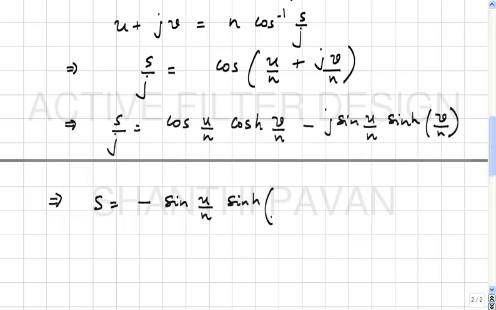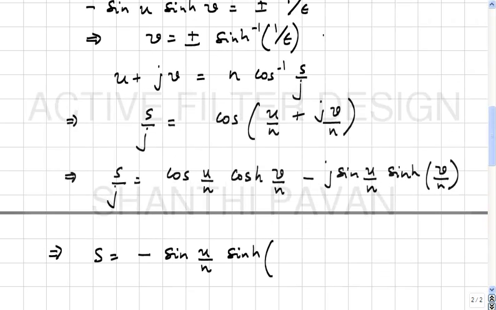And what is v? Please note that v is nothing but plus minus sin hyperbolic inverse of 1 by epsilon. So this must be plus minus 1 by n sin hyperbolic inverse 1 by epsilon.